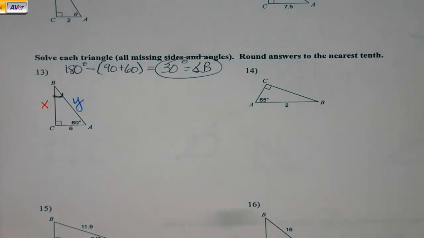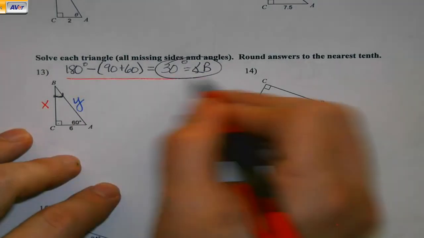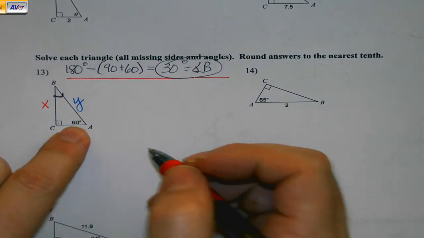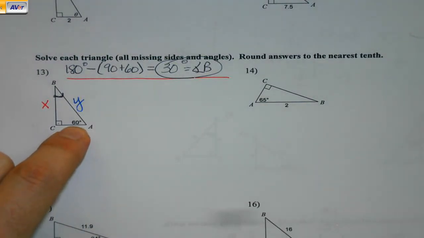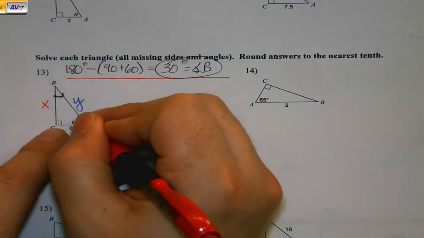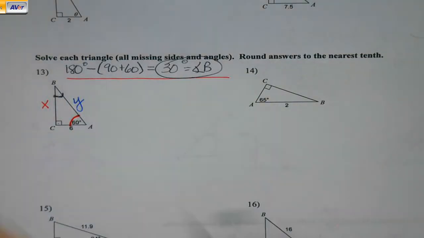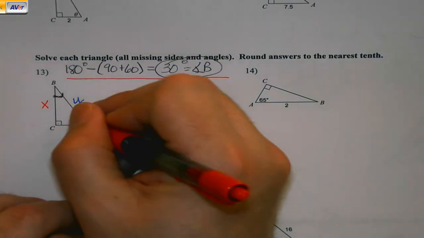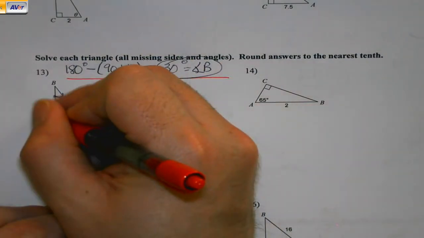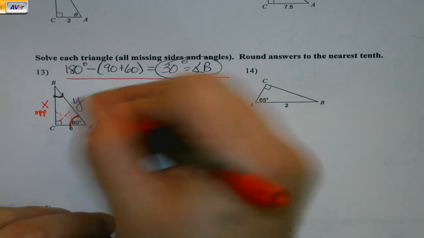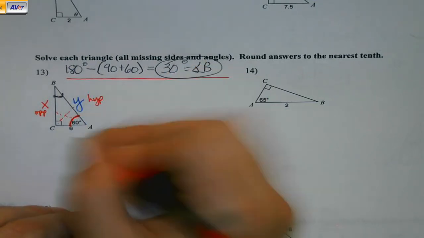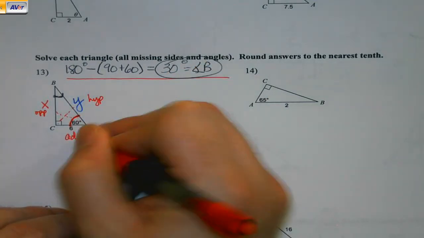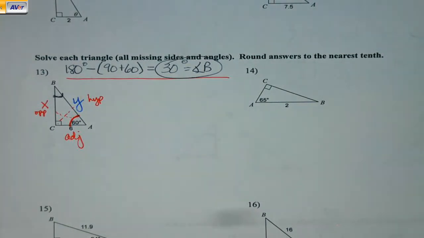But then to find my other values, my X and my Y, I go back and I go, okay, they already gave me this 60, so I'm going to go ahead and use it. Whatever angle was there to start with, that's kind of going to be my reference that I use. So I look at that and I go, okay, so this would be opposite. This would be hypotenuse. And this is going to be adjacent.